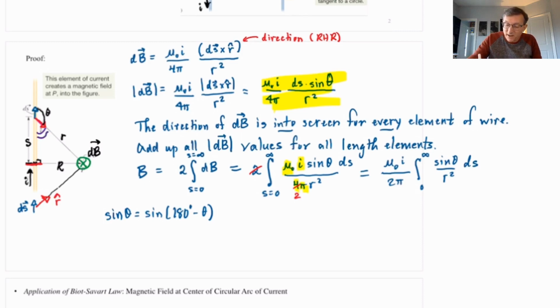So I can replace sine theta with the sine of that angle I marked with the double purple arc. And the sine of that angle, look at the right triangle right here, is, of course, opposite over hypotenuse, which should be big R over little r. Big R is a constant. Little r is changing as the ds moves.